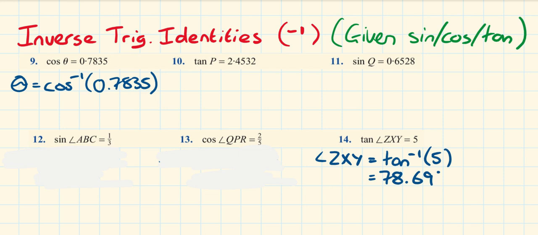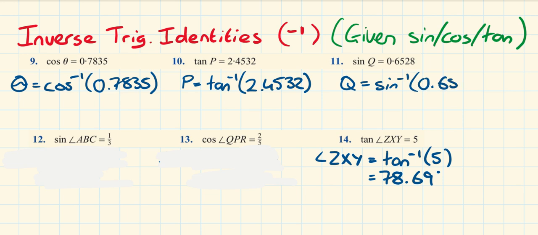Okay, the same way here, tan p is 2.4532. So p is tan minus 1 of 2.4532. Again, I'm sure you can imagine, sine q is 0.6528. So q equals sine minus 1 of 0.6528. And I see below me there, I didn't rub that one out, but I'll just leave it there.